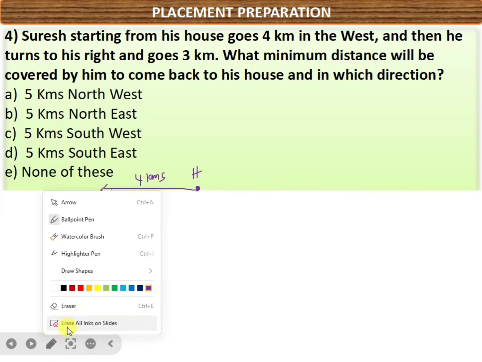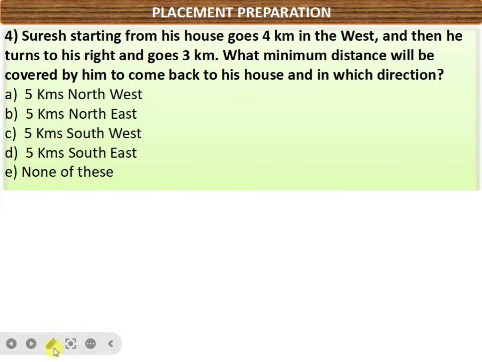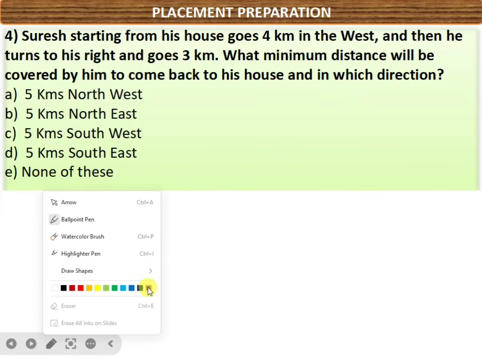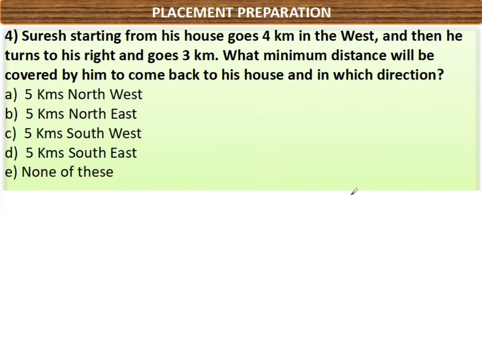Let me draw this diagram again. Now, I'll call the house H. Suresh starting from his house, goes 4 kilometers in the west. West means left side. Let me consider it as 4 kilometers.